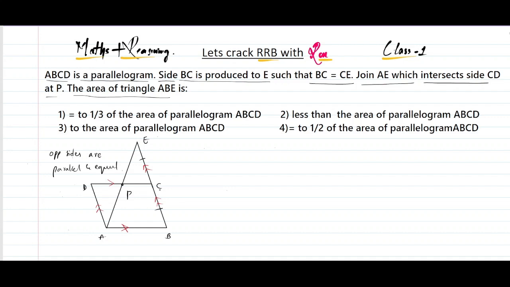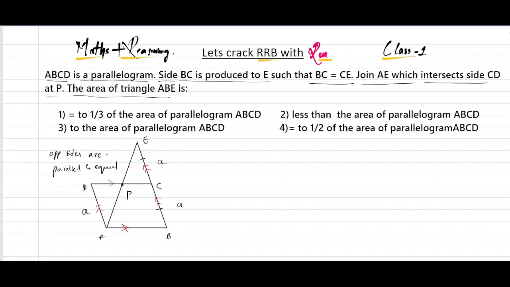If I assume BC length as, let's say, small a, then they already gave BC equals CA. And we already know in a parallelogram opposite sides are equal and parallel. If this is a, this length is also a.